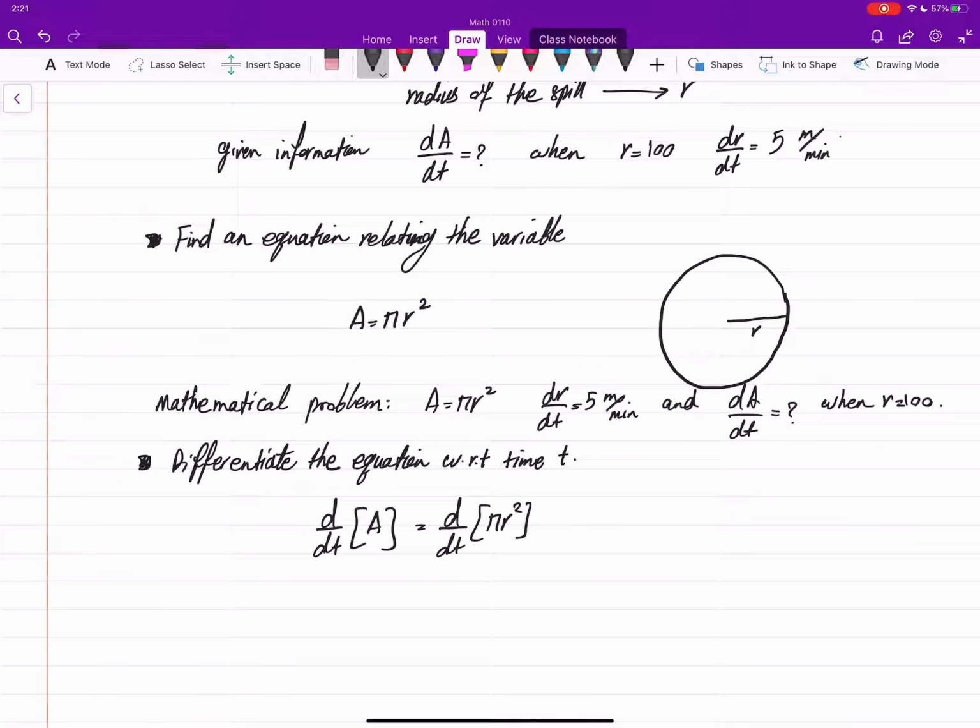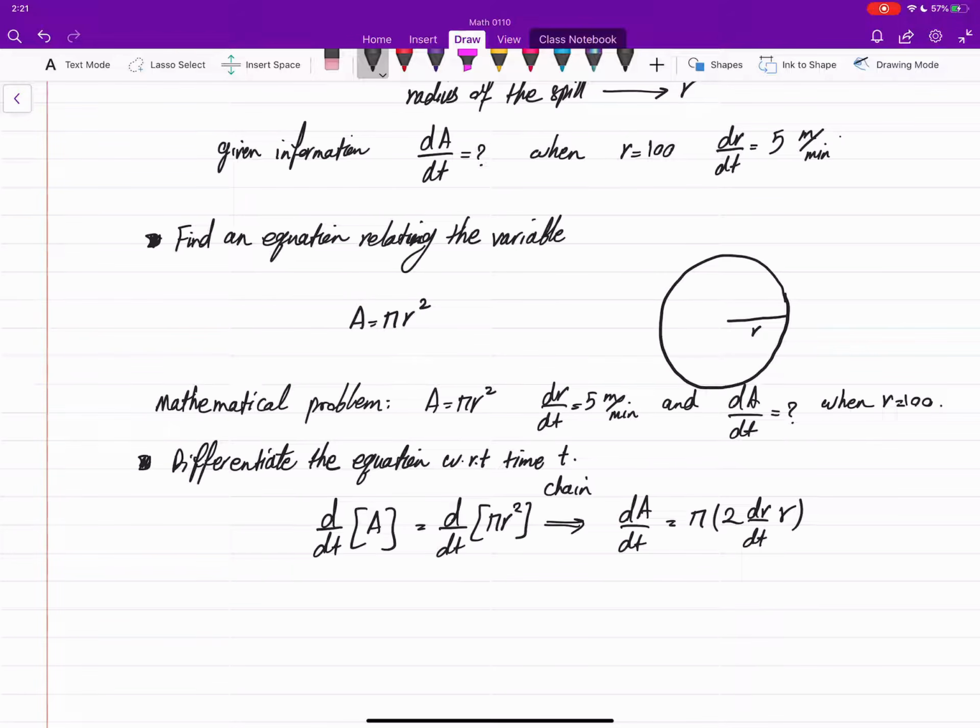Remember that when you do this differentiation, you have to apply the chain rule. This will give us dA/dt here, and this will be pi times 2r dr/dt. That is the relation for the related rates.